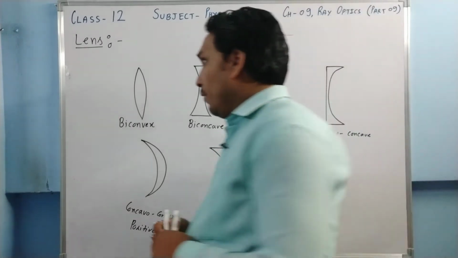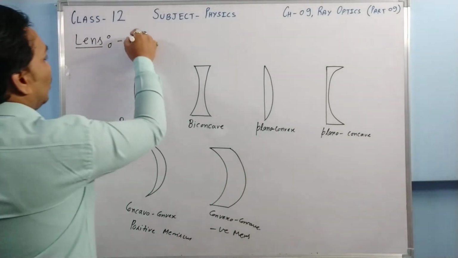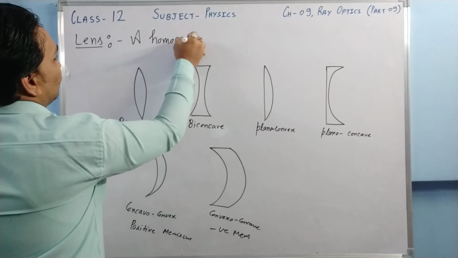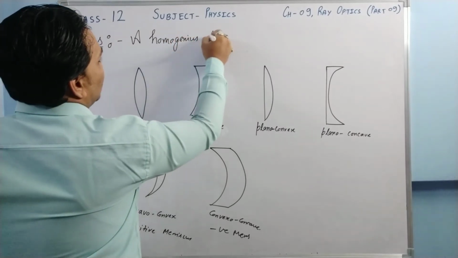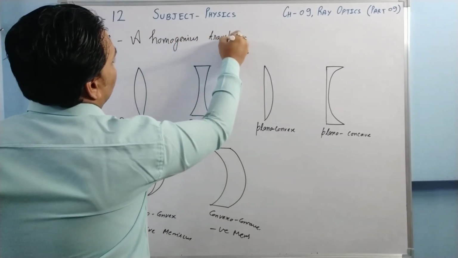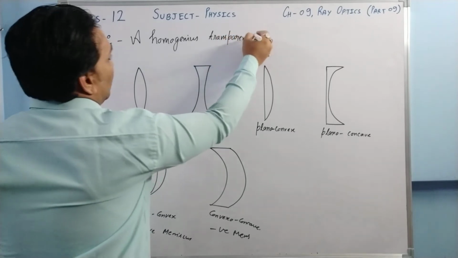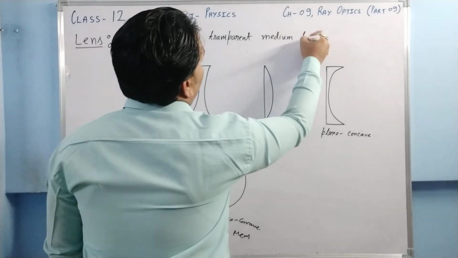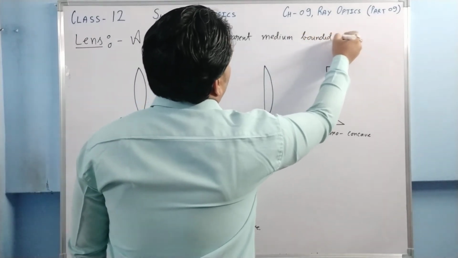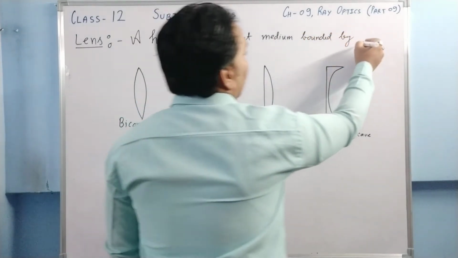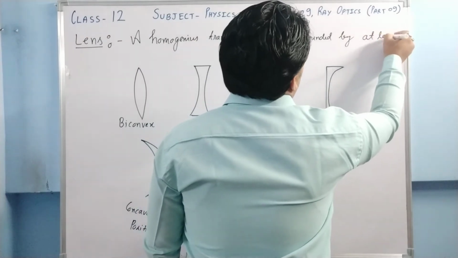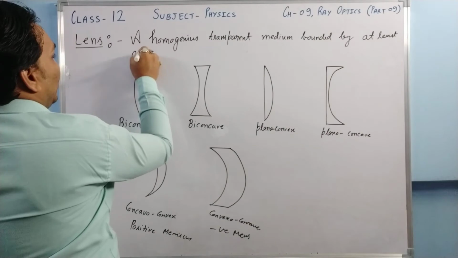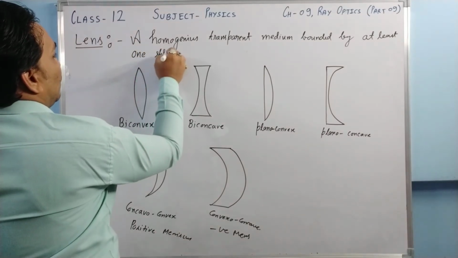So the definition of lens is a homogeneous transparent medium bounded by at least one spherical surface.